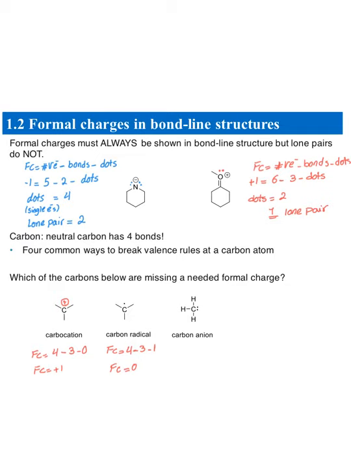And carbon anion: carbon has 4 valence electrons, minus 3 bonds, minus 2 dots. The formal charge would be -1. Carbon anion, or carbanion, is always negatively charged, -1 charge.